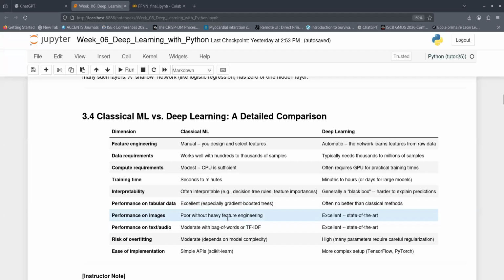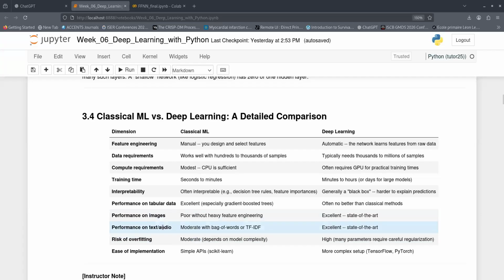The performance in terms of images: if you train on images with classical machine learning, we are just going to obtain poor results without heavy feature engineering. But with deep learning it will be excellent.